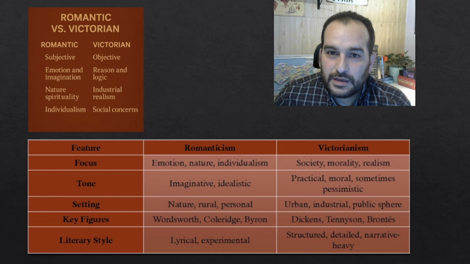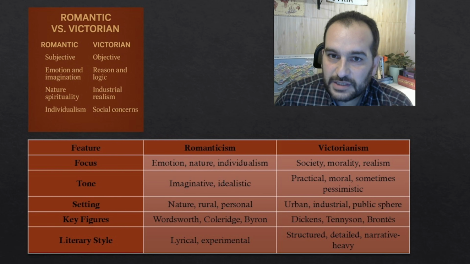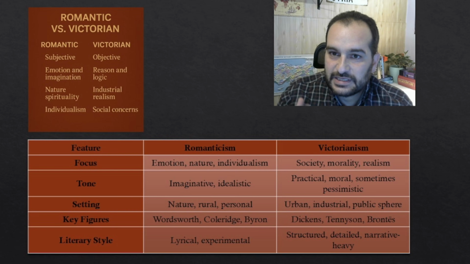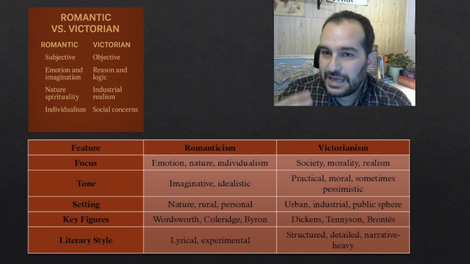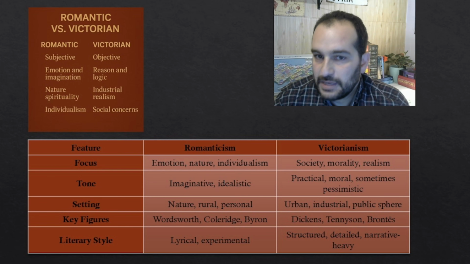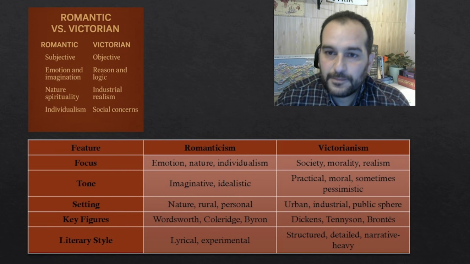So here, as you see on the right of the screen, Romantic is subjective and the other one is objective. We have to be careful when we say objective. Objective, at least trying to be objective, let's say. So these are the main differences between Romanticism and Victorianism. We did this just to recap.